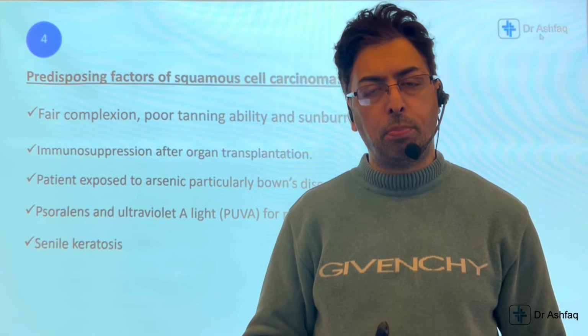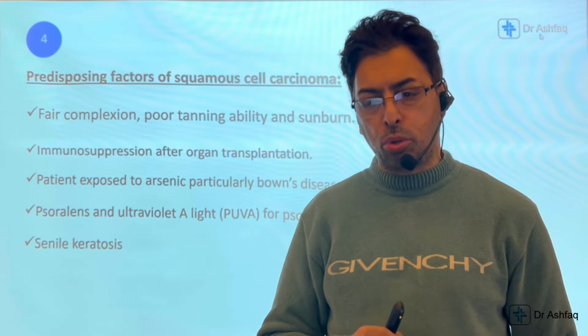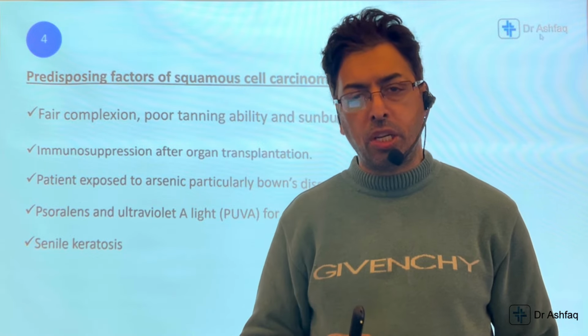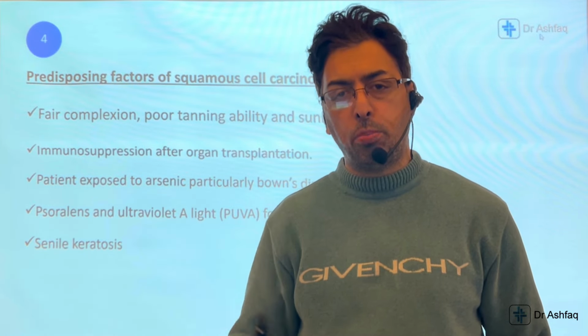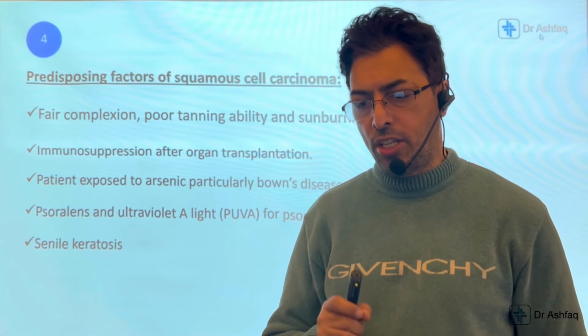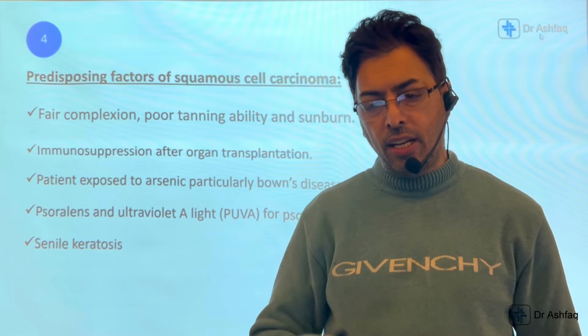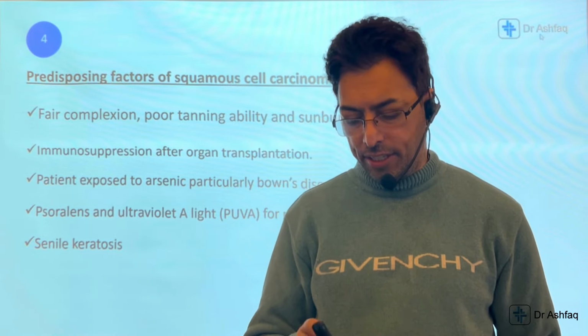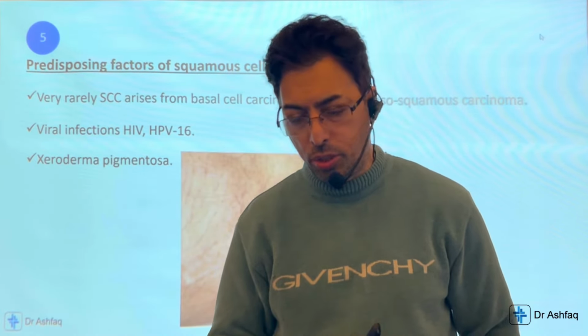They predispose in a similar manner to BCC. So any immunosuppressed condition can predispose either to BCC or to SCC. That's important. And senile keratosis, in addition to actinic keratosis, which I already mentioned.